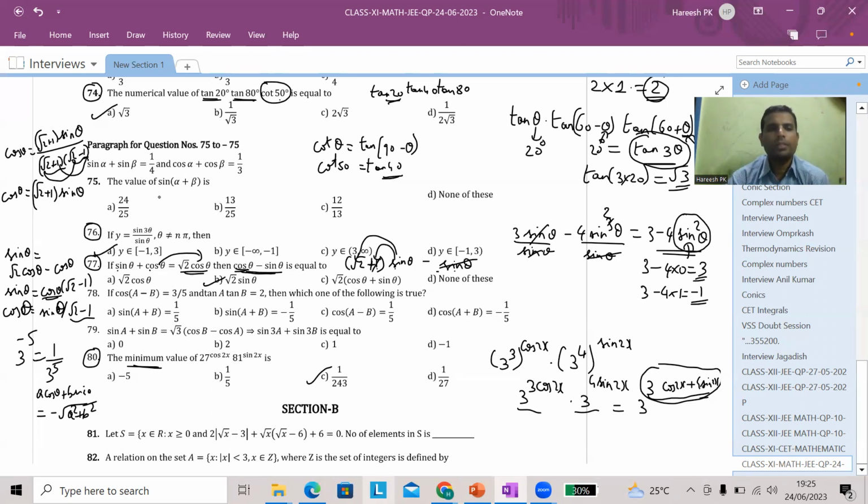So now, even this we can solve quite easily. Probably, one way to solve this is if we square and add both of them. No, that may not help. Let's use the transformation formula for the 75th question.